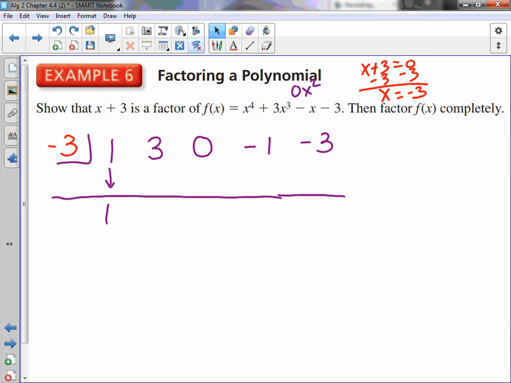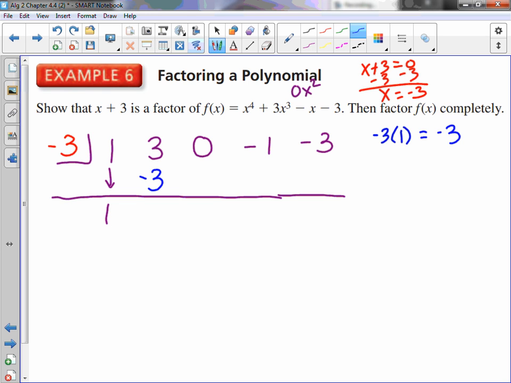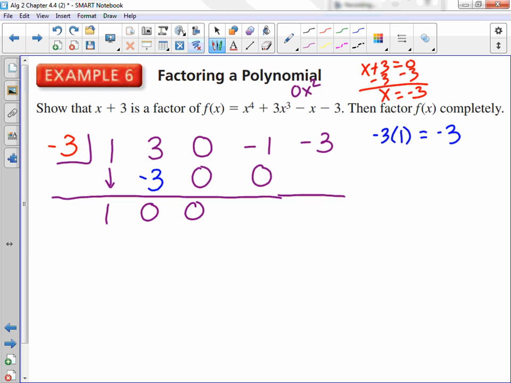We'll drop the 1. Then we're going to multiply our negative 3 times 1, which would be negative 3. Now, negative 3 plus, or 3 plus negative 3. Negative 3 times 0. 0 plus 0. Negative 3 times 0. Negative 1 plus 0.